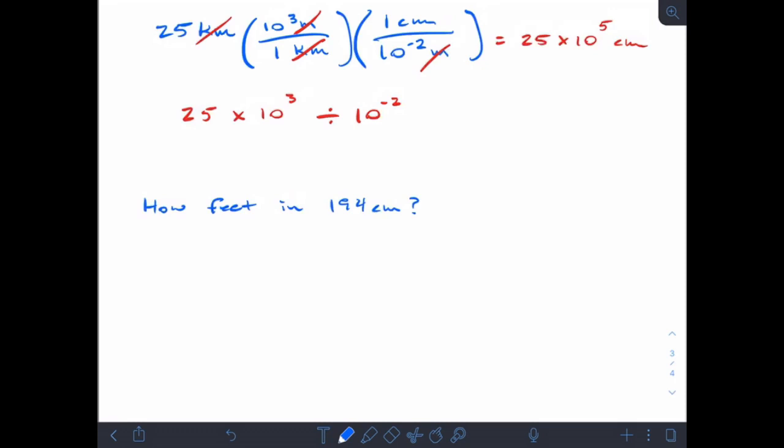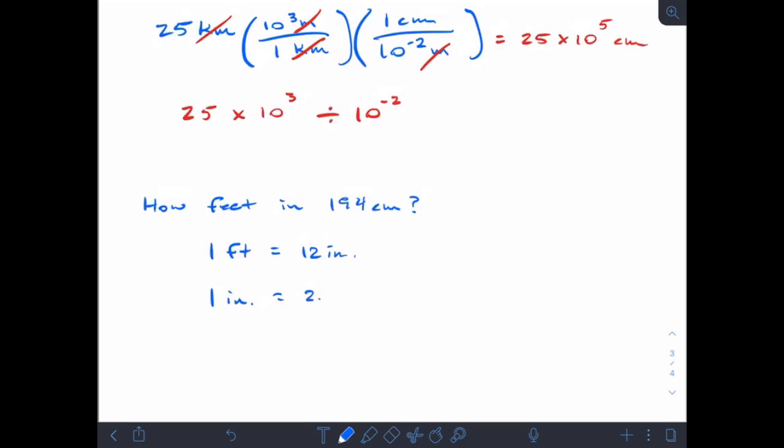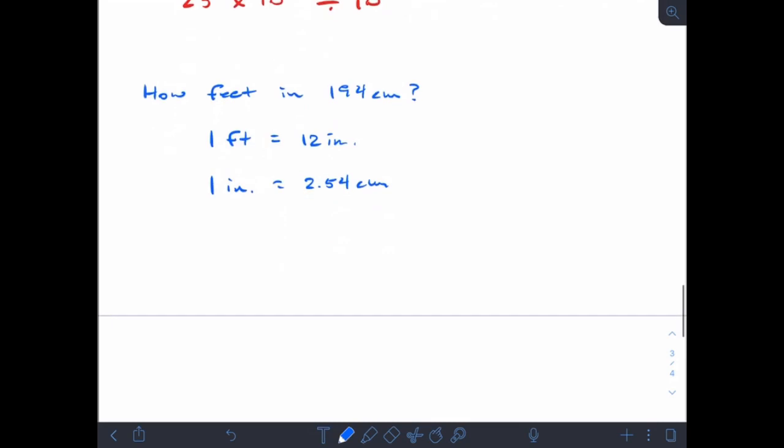Our relationships are 1 foot equals 12 inches, and 1 inch is exactly 2.54 centimeters. Let's start with our given information, 194 centimeters. I want to get rid of the centimeters and eventually get to the feet.